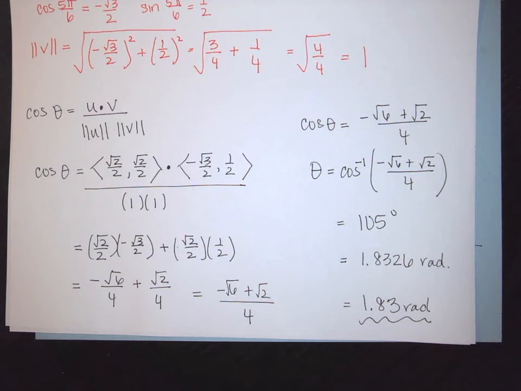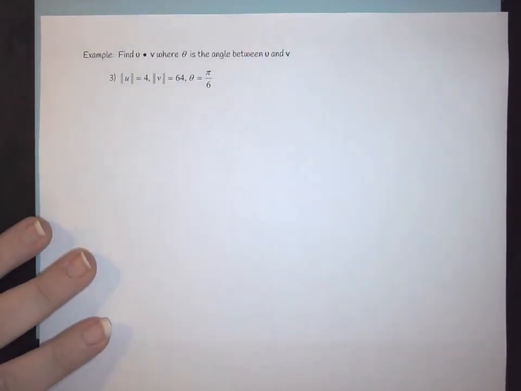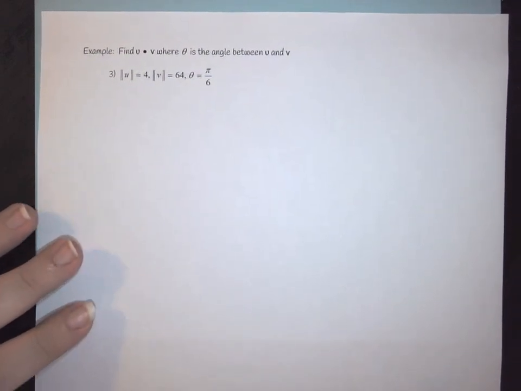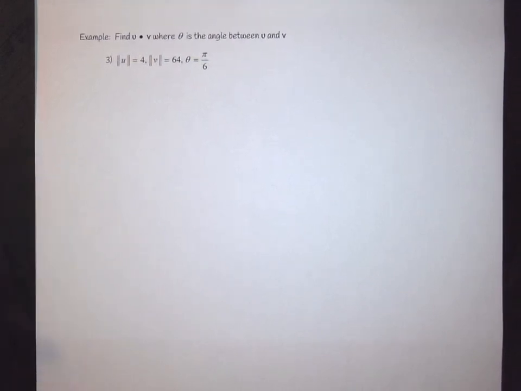Alright, let's take a look at just one more example here. Here I want to find u dot v where theta is the angle between u and v. So here I'm giving you the magnitudes and I'm giving you the angle. So all you have to do is find the dot product. What does that mean?